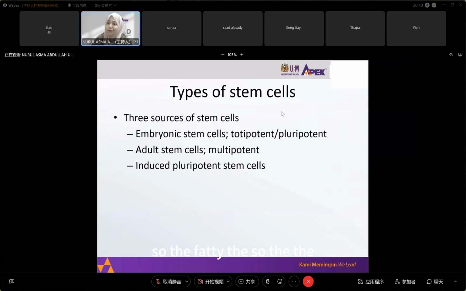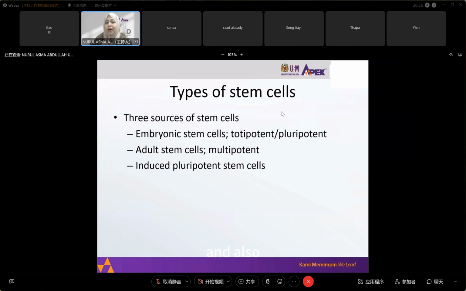The lipid cells can be used as a source for the multipotent stem cells.